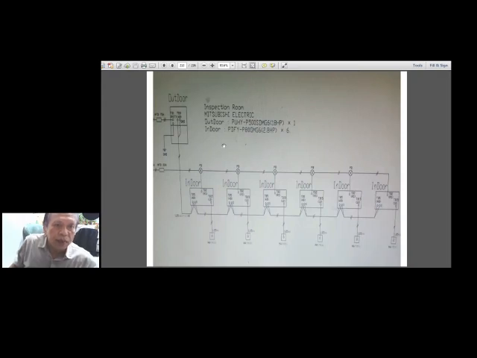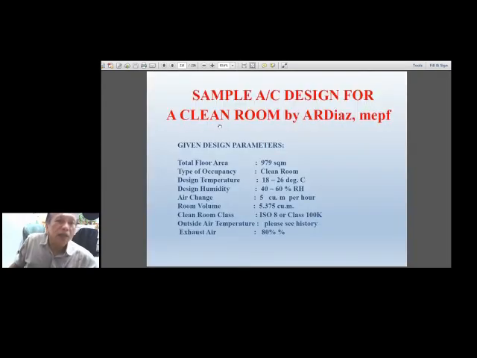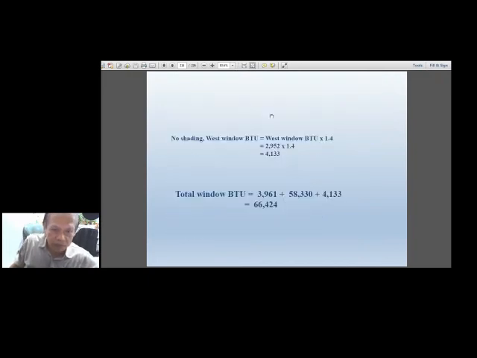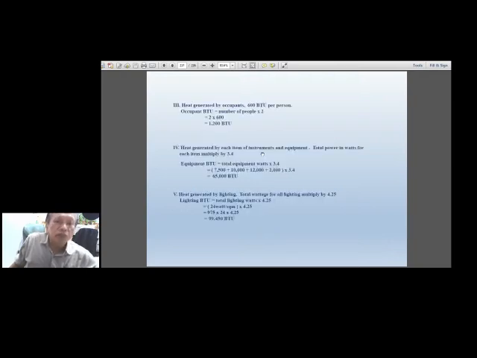Okay. Another schematic diagram. Then sample AC design, Engineer Diaz, clean room by Engineer Diaz. Ito yung mga given. Ito yung computation niya. And then considering yung mga other aspect that contribute to the temperature there.